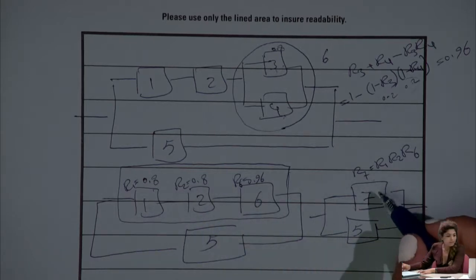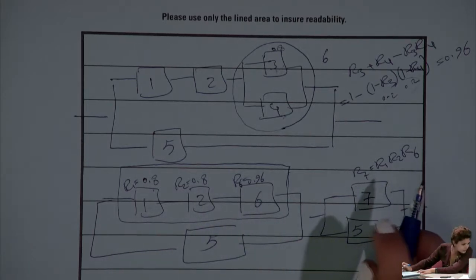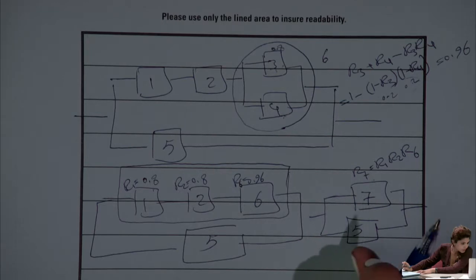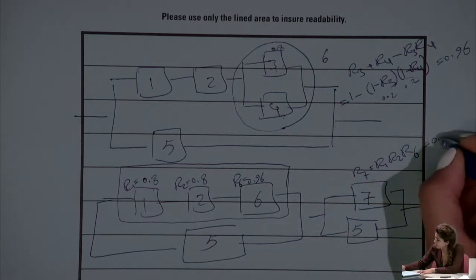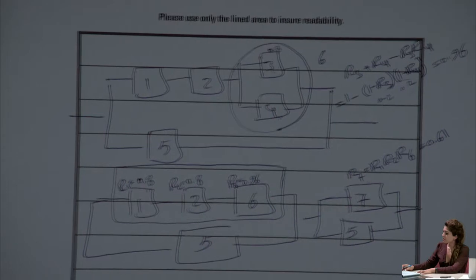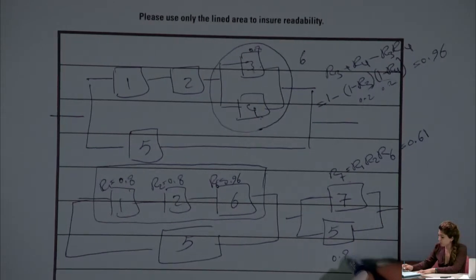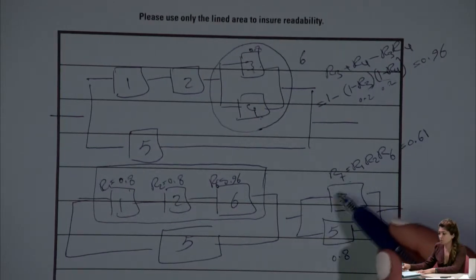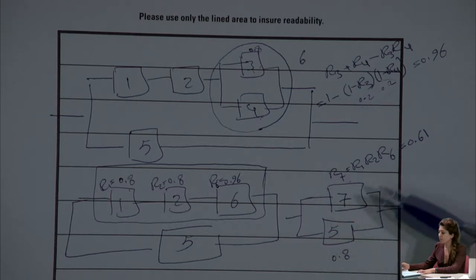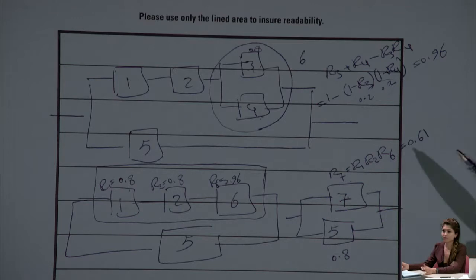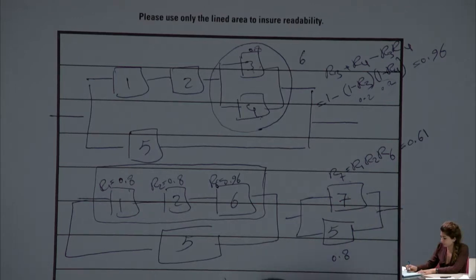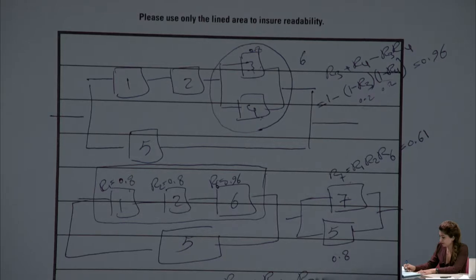So R7 is 0.61. Now if you have 0.61 and this one is 0.8, you want the reliability of the total system. Again, it's 1 minus the probability that both of them don't work, or the probability that either of them works, which is reliability of 7 plus reliability of 5 minus R7 R5, which is going to be 0.9228.